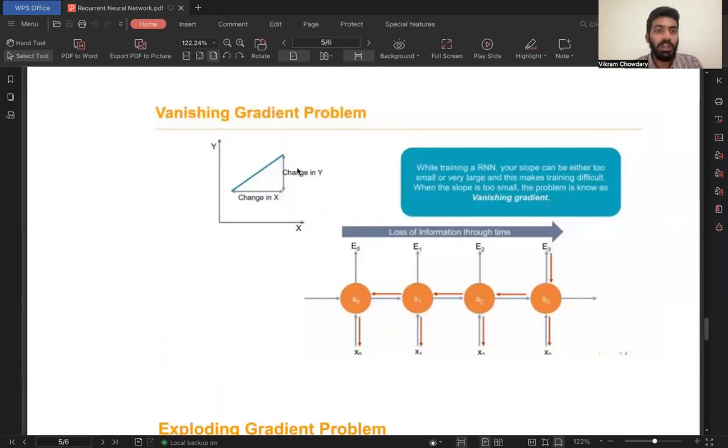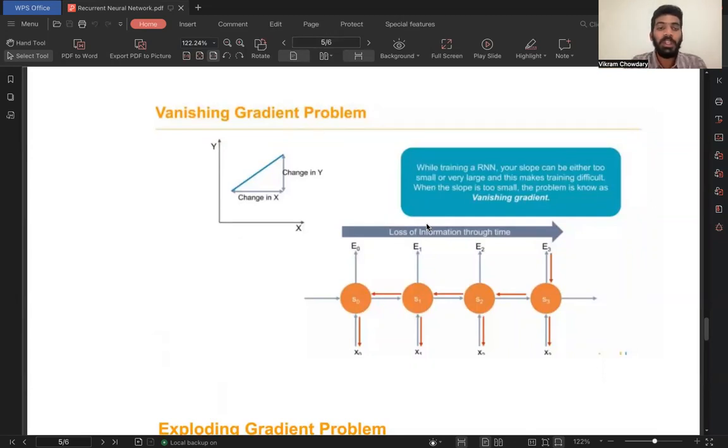RNN enables you to model time-dependent and sequential data problems such as stock market prediction, machine translation, and text generation. While training an RNN, your slope can be either too small or very large, and this makes the training very difficult. When the slope is too small, it is called the vanishing gradient.